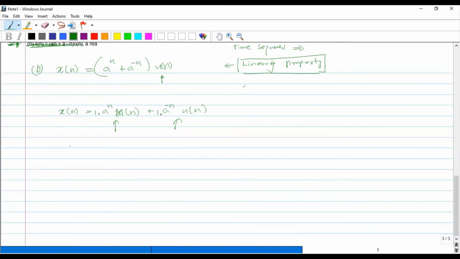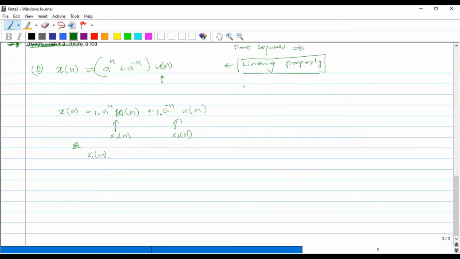Let's say that this is x1[n] and let's say that this is x2[n].